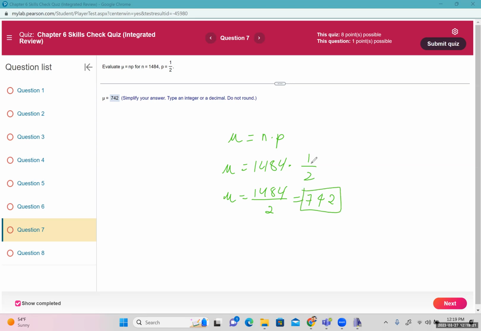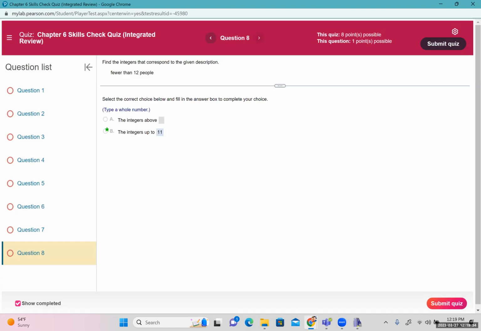All right, you can use a calculator, that's fine. So either way, let's move to the last question. The last question says, find the integer that corresponds to the given description. So the word fewer, what does that mean?